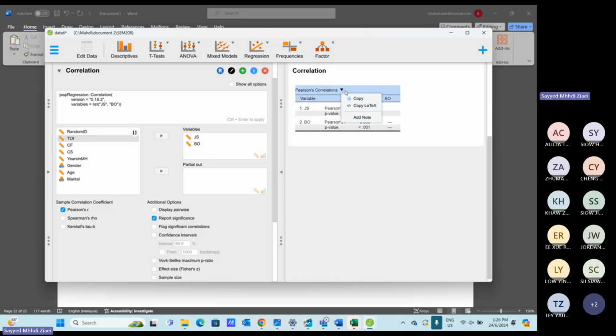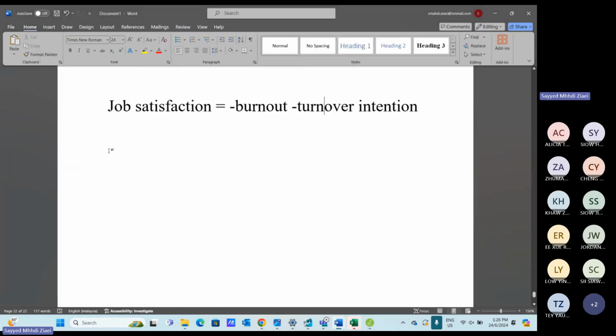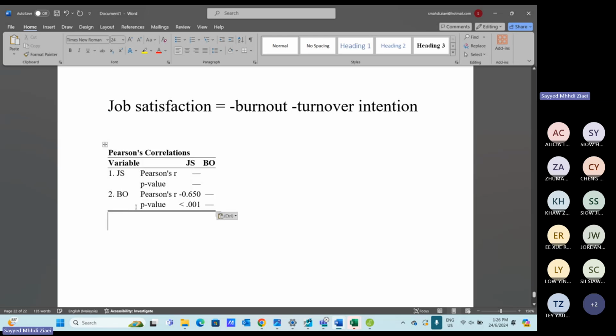This table shows the Pearson correlation, which can be used for a validity test because you can find the correlation between your variables.